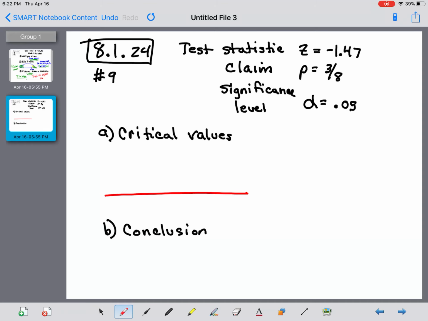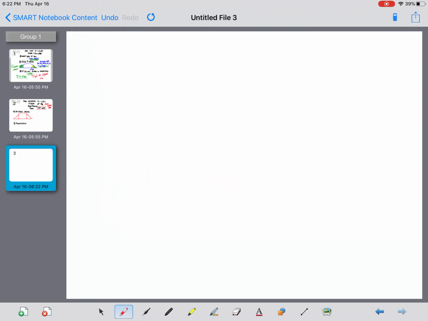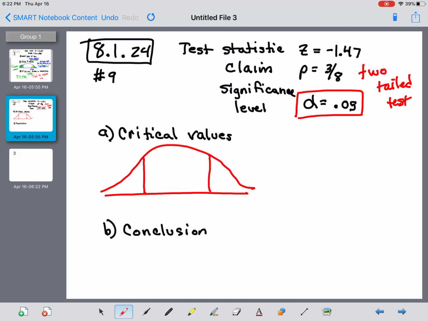Once again, I'm going to draw my normal curve. Since the significance level is 0.05, we divide 0.05 by 2. Why? Because remember, this is a two-tailed test. We can tell that by looking at the claim, that P was equal to 3/8.